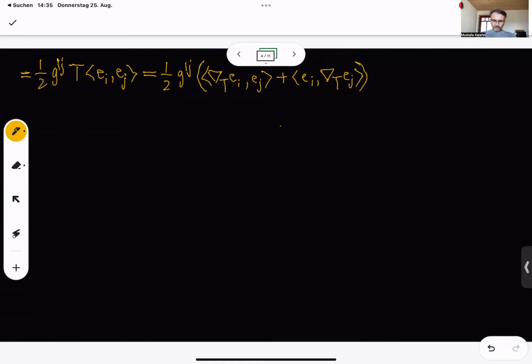You can see these two terms are very similar to each other, just with i and j replaced.